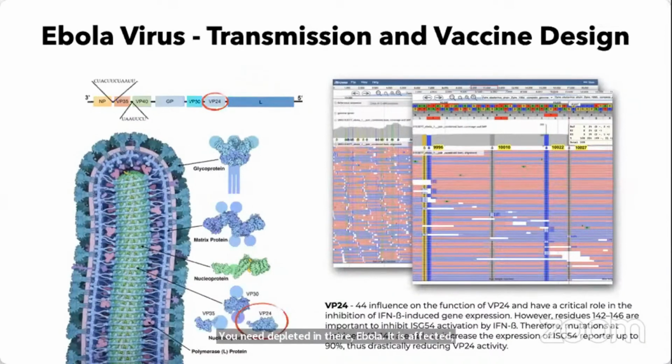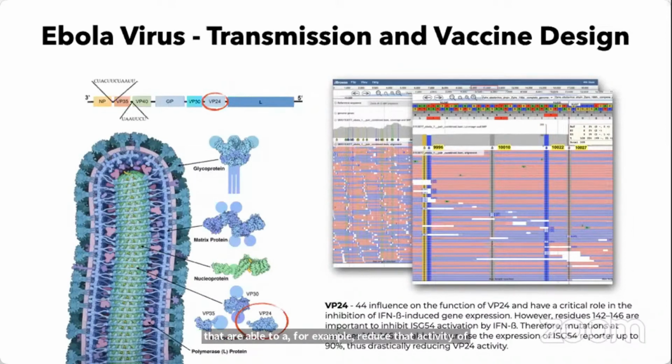But several studies on a specific strain of Ebola virus that exists with reduced transmissibility and reduced disease pathogenicity or virulence actually identified specific mutations at residues 142, 146 that are able to, for example, reduce the activity of VP24 by 90%, right?